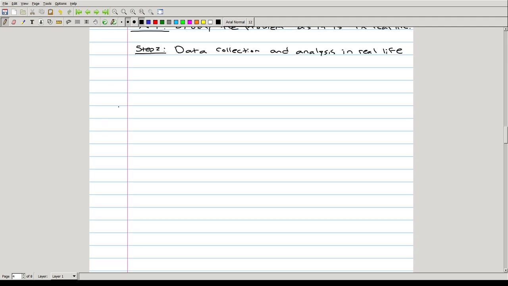And this actually then leads into step 3, where you design controlled laboratory studies and simulations.